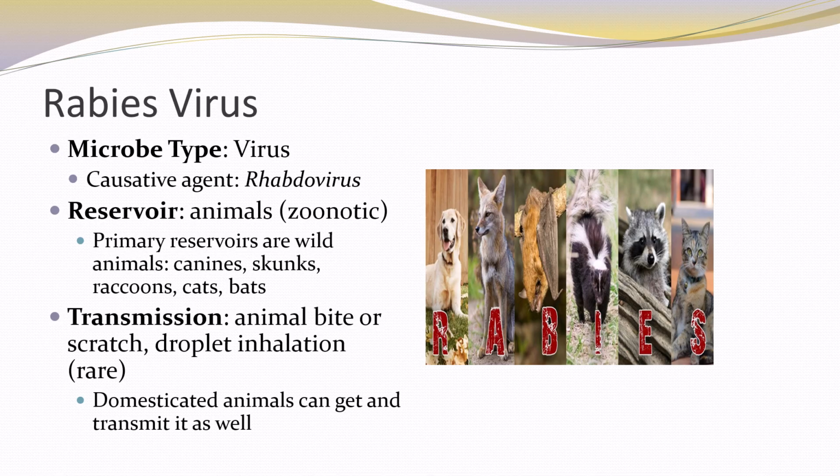So the reason that we see a bite or a scratch that was just a paw or claw that was licked cause the transmission of this virus is that the virus embeds itself in the brain of this animal and then it moves to the salivary glands. So that is kind of the big thing. The salivary glands are the main point of transmission. That is the big thing here.